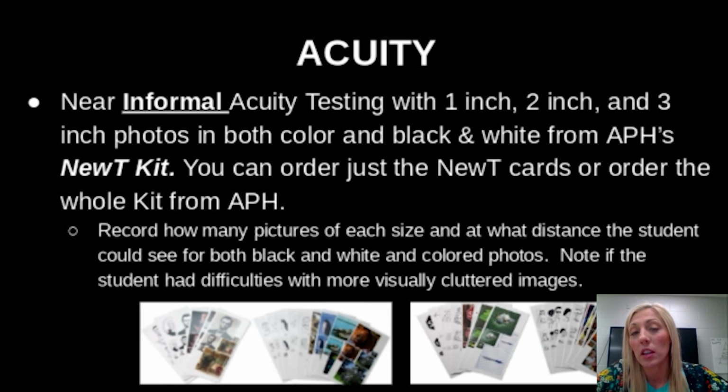How you use these pictures, this is what we really love for our FVA when we're writing it in our report. We record how many pictures of each size and at what distance the student could see for both the black and white pictures and then the colored pictures. And you can know if the student had difficulties with more visually cluttered images, the colored versus how detailed the picture was, and at what distance they were able to see more of.